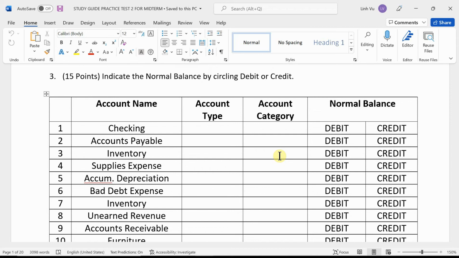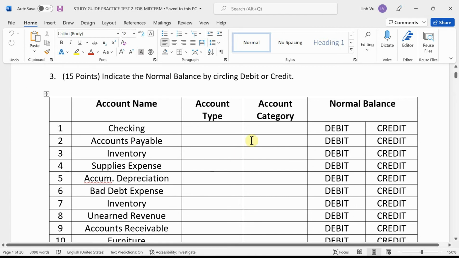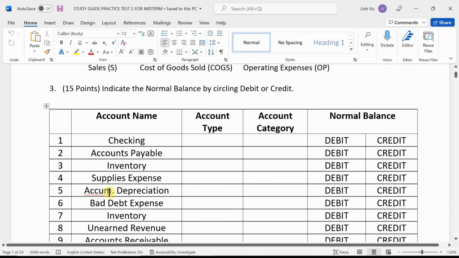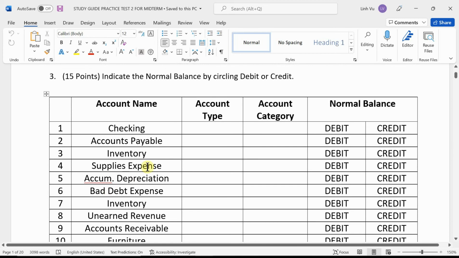And of course, I'll give you multiple choice. So you'll have A, asset, current, and debit. B, assets, other, credit. You'll have a list of options to choose from. Let's go through this list and practice.